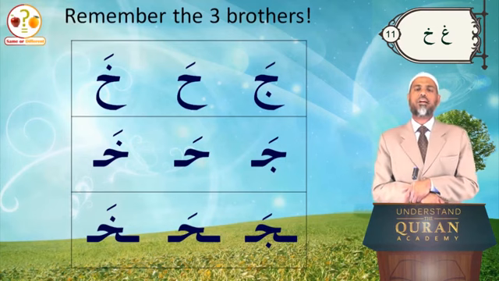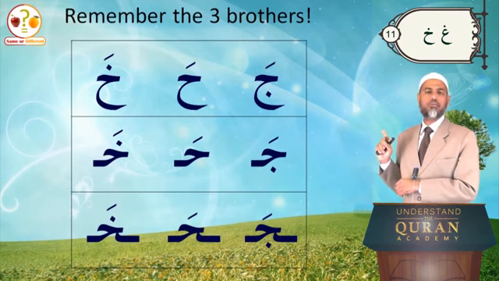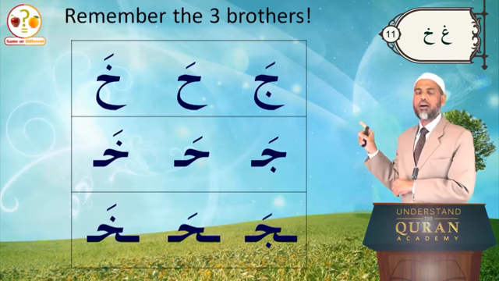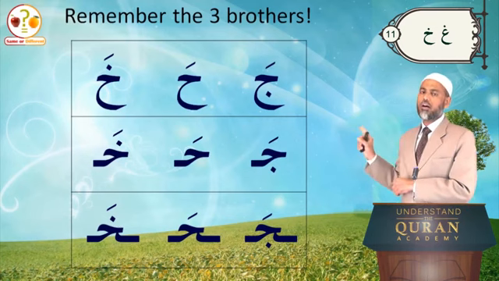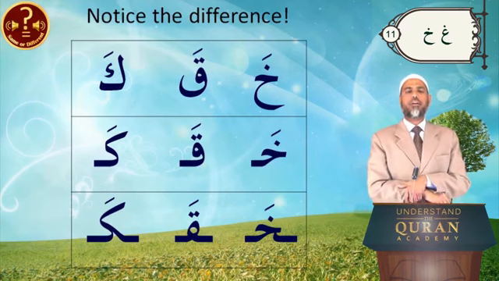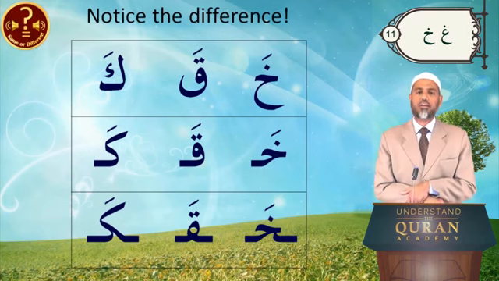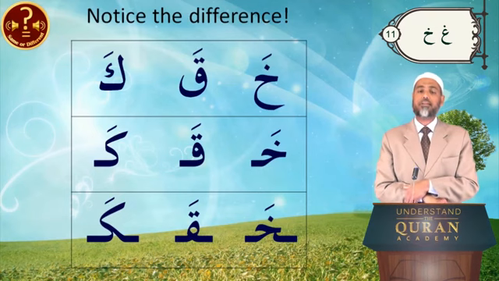Remember the three brothers now: Jim, Ha, and Kha. With fatha, they will give sounds like Ja, Ha, Kha. Beautiful. And remember the difference in their sounds, even though they may be pronounced wrongly by some people.